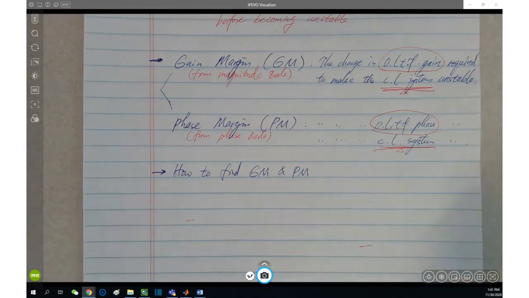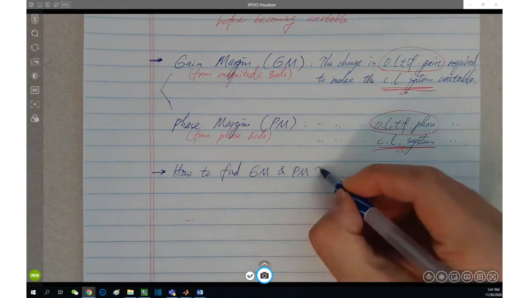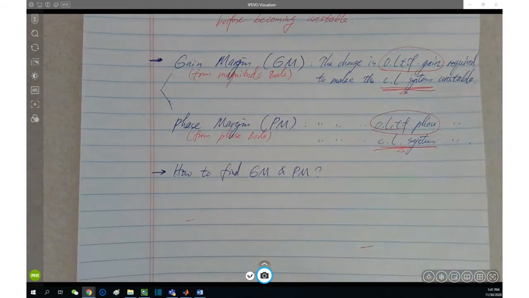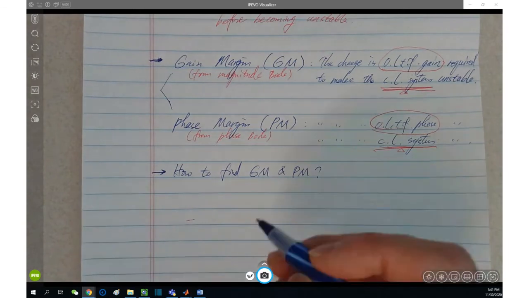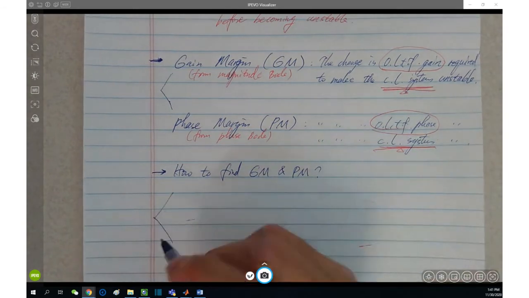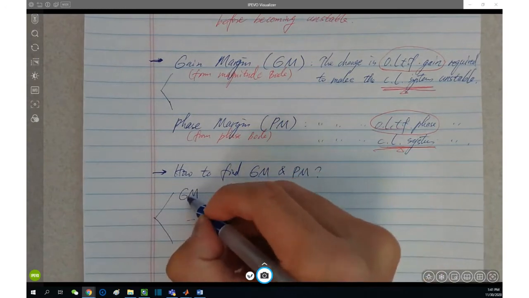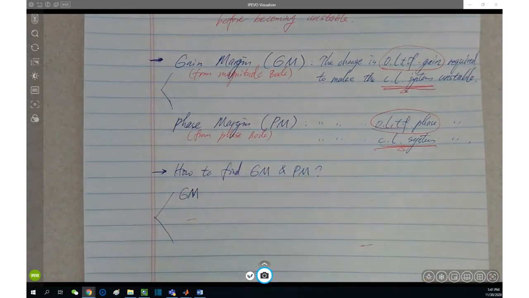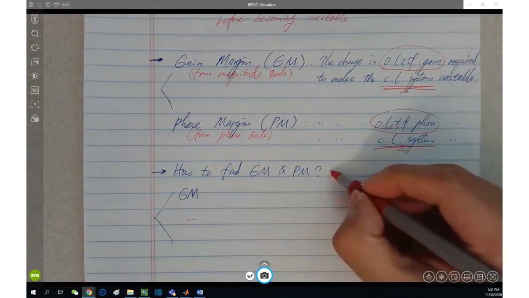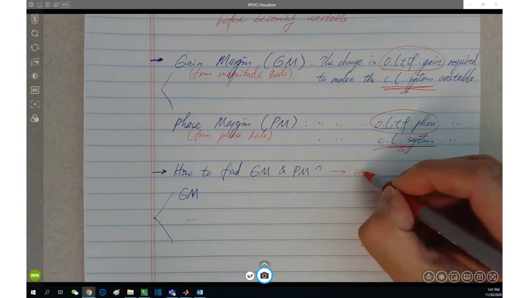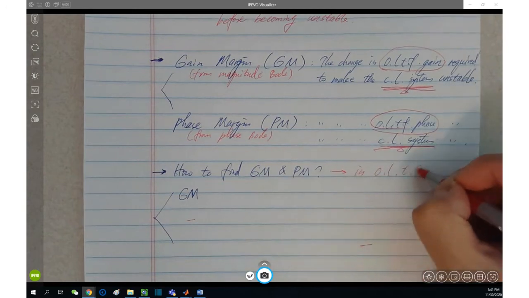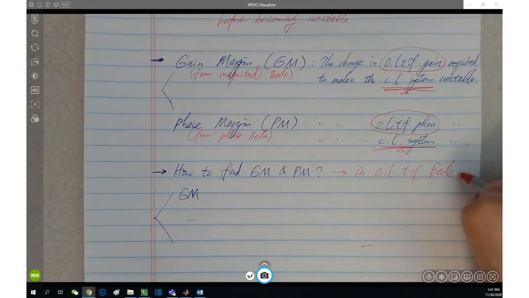Okay, let's talk first of all about how to find the gain margin and phase margin. This is obviously very important. So first, how to find a gain margin. Of course, before anything else, remember it is the open loop transfer function Bode plot.